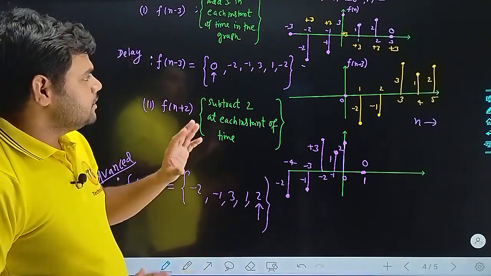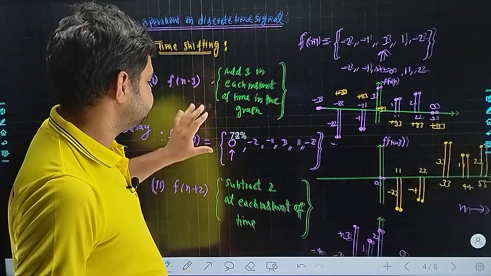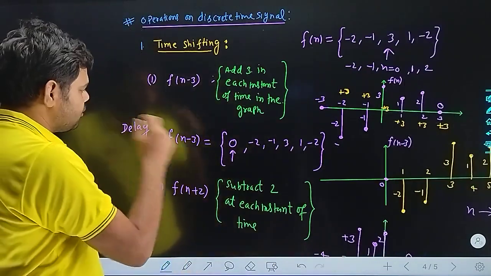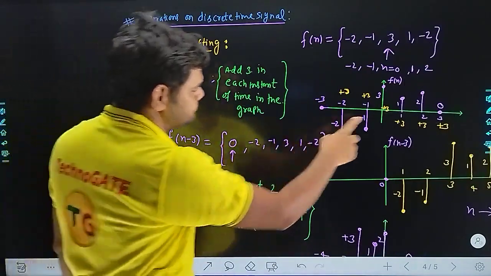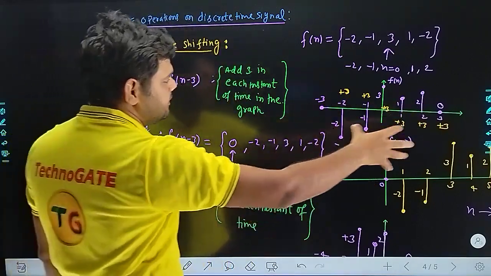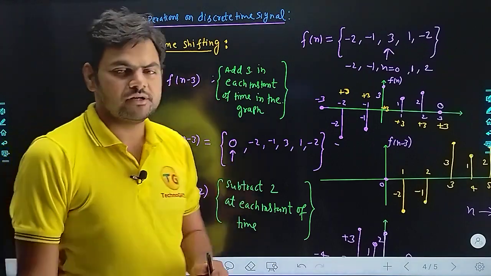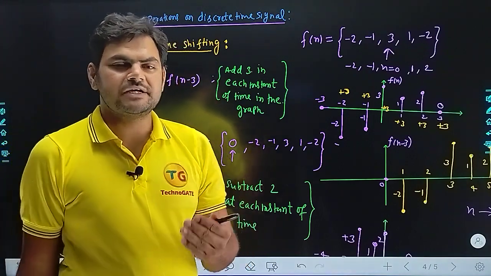Noted? Guys, you have noticed one important thing over here. We have required to add 0 because we have shifted it to the right side, so to introduce the index sample we have added some 0 here.